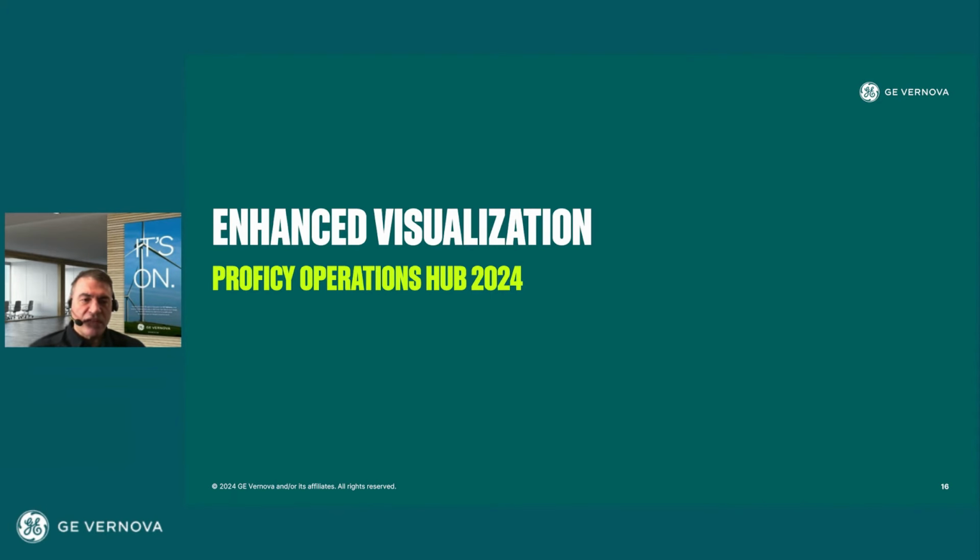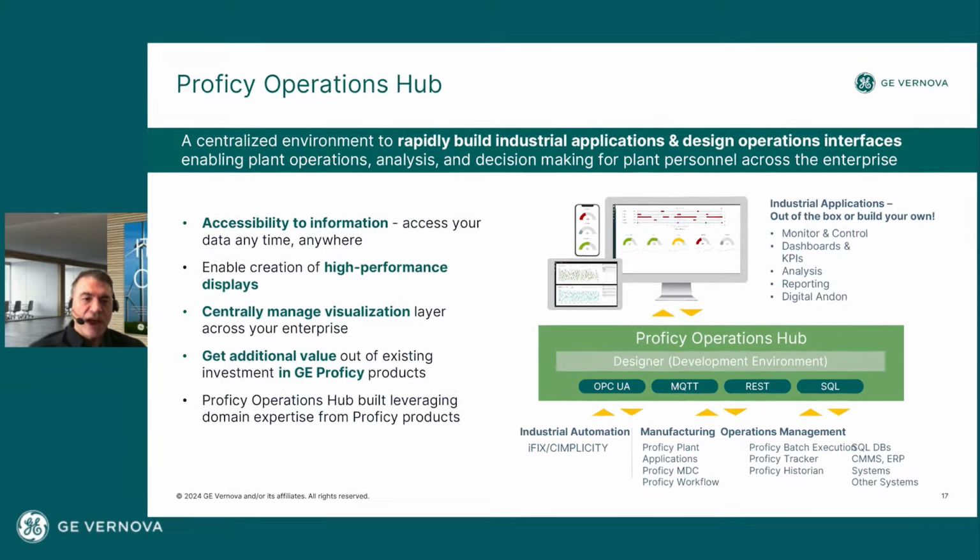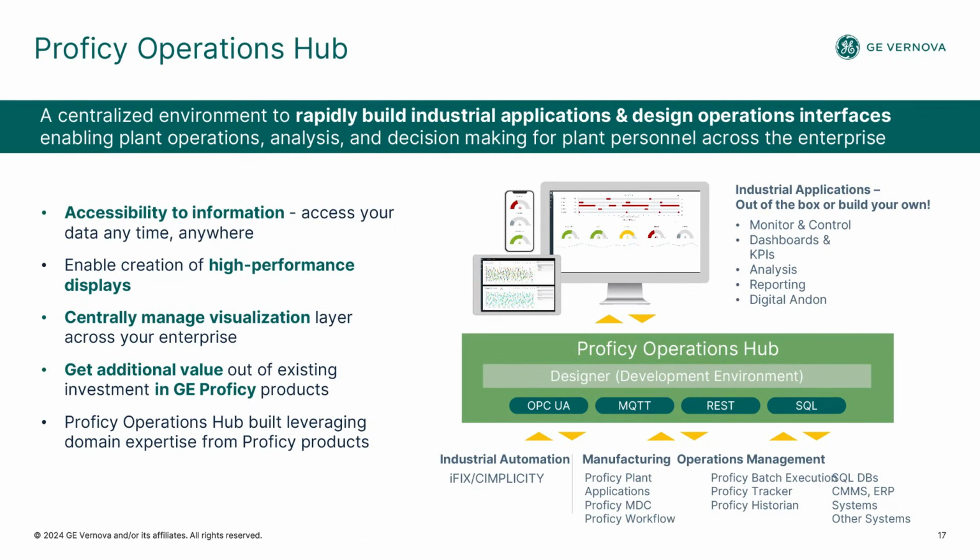Stepping into the visualization part, I've already talked a fair amount about our HTML5 based visualization. This is based off of our Proficy Operations Hub, and we do have an HMI version of the Operations Hub. What Operations Hub is about is essentially a rapid application development tool to build web applications.